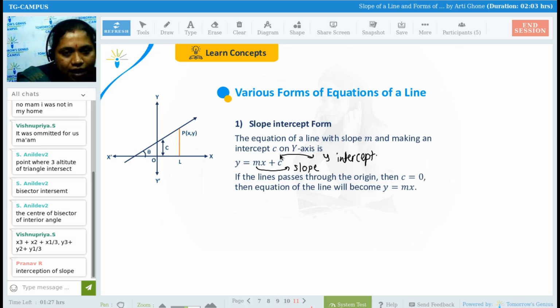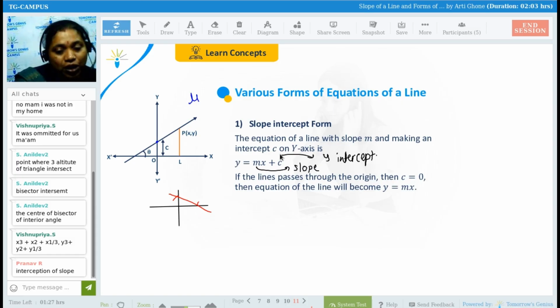If I consider this line L1, it is exactly where it is cutting the y-axis, that is the y-intercept. Clear? Okay. Now if I take any other geometry of the line, I am taking this one. These are my axes and I am taking this kind of line. So it has an x-intercept also and a y-intercept also.